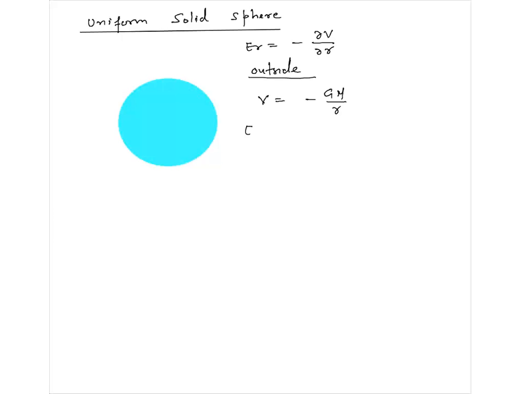And therefore ER is GM by R square. It's the same result for shell or for sphere and for point mass. For outside points, there is no difference among the point mass, the uniform spherical shell, and the uniform solid sphere.